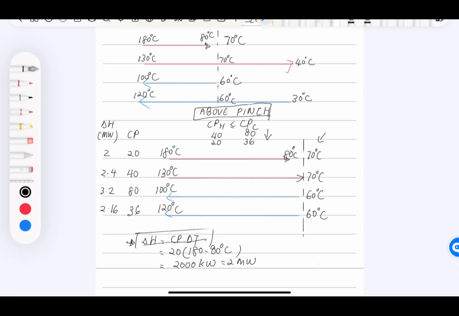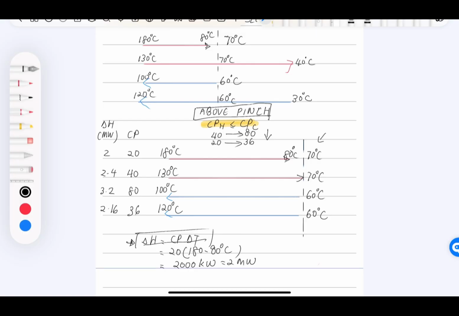Now we're going to start pairing the heat exchangers. According to the rule for above pinch, CPH must be less than or equal to CPC. Looking at the values, we can directly pair 40 and 80, 20 and 36, because both are less than CPC.